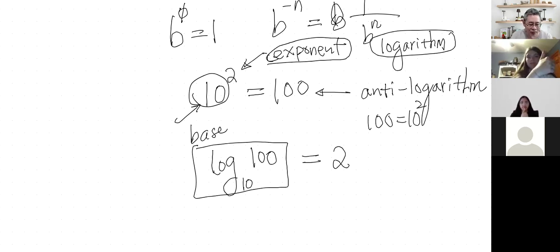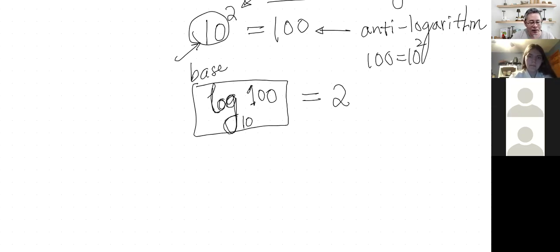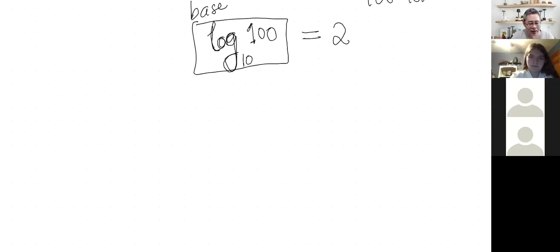Now we're trying to understand this, in a way, as a new operator, and what it means. Okay, so the base could be a different positive number.